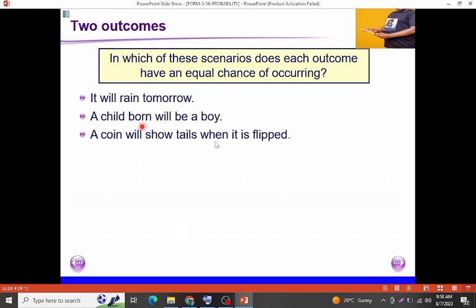Right? We are examining which outcomes are equal, have equal chances of occurring. That is going to rain and that it is not going to rain. Are these equal to each other? It cannot rain and rain at the same time.